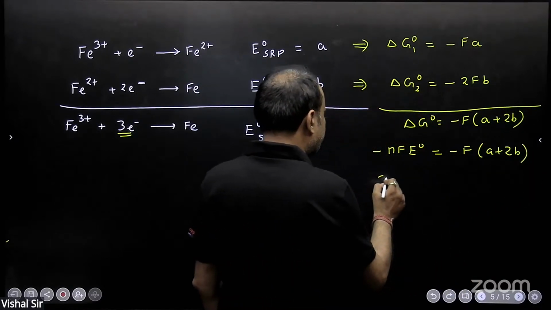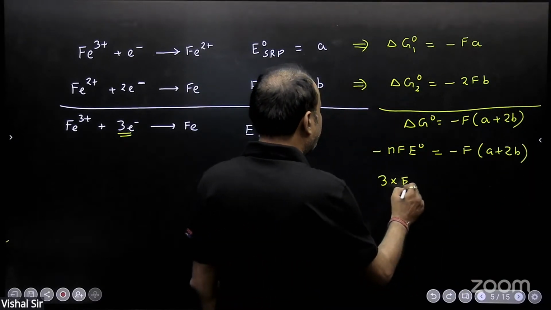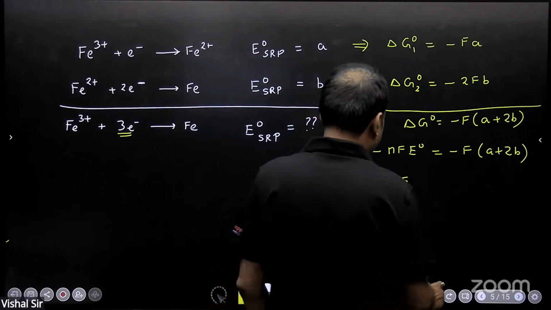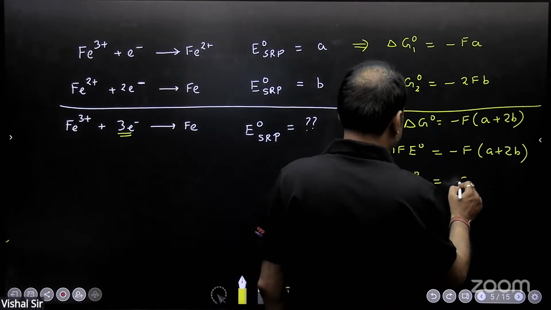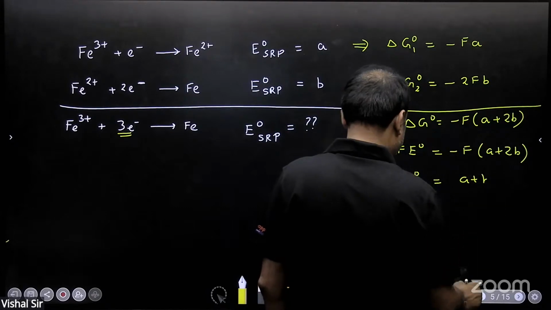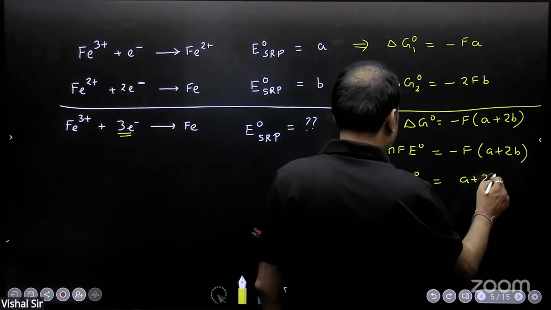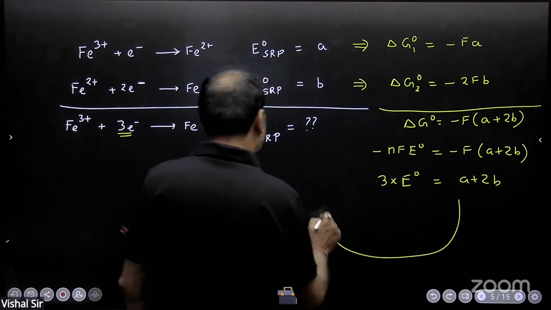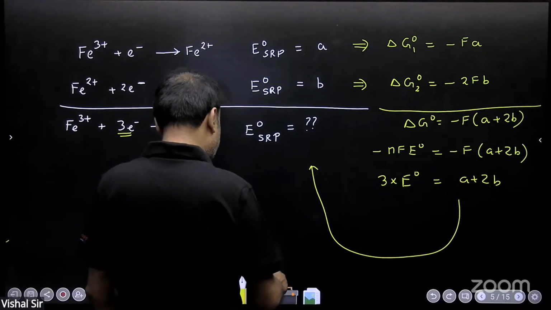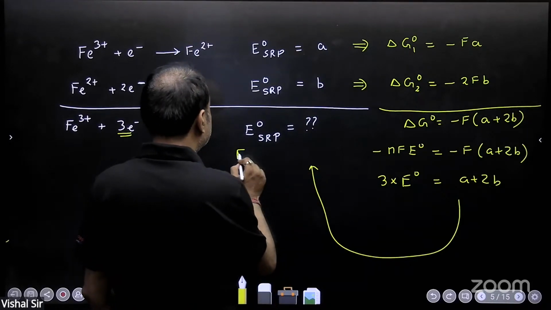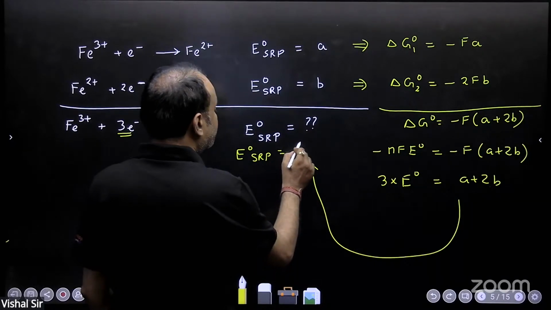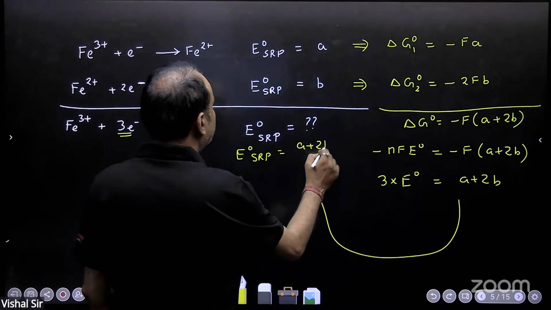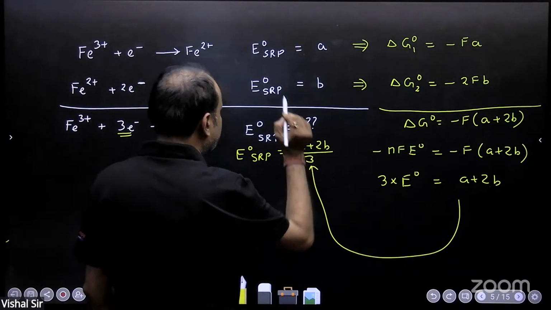Minus F cancels out, and n factor of this third reaction is 3. So from here you can see the E value of this will come A plus 2B upon 3.